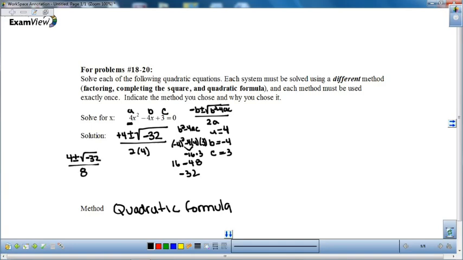Since it's a -32, I'm going to have an i, but I can also simplify this 32 into 4 and 8, and then 4 and 2. So I can rewrite this as the square root of 4 times 4 times 2. Since 4 is my pair, I'm going to write that on the outside.